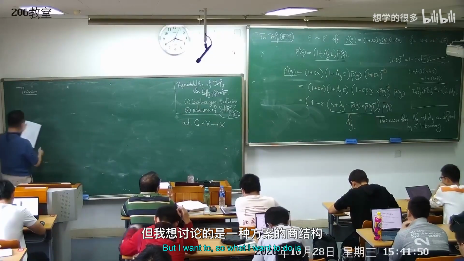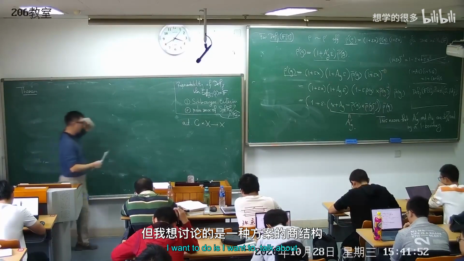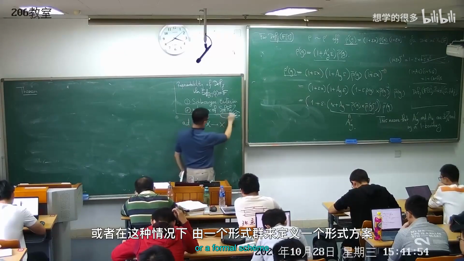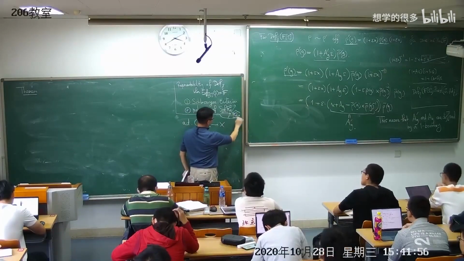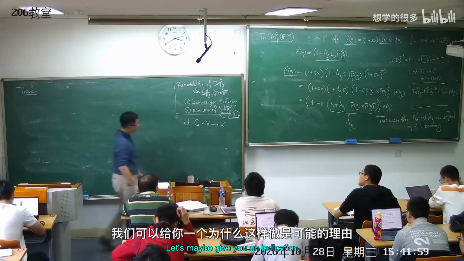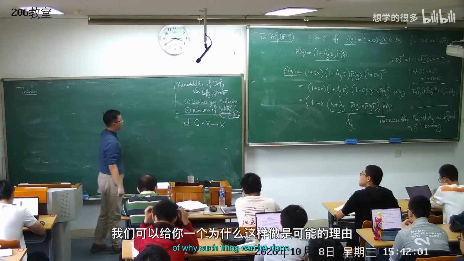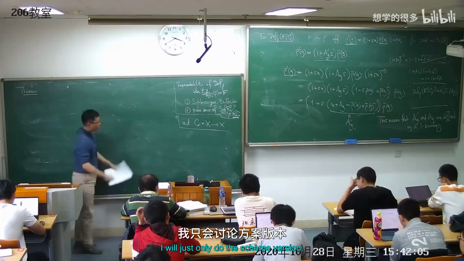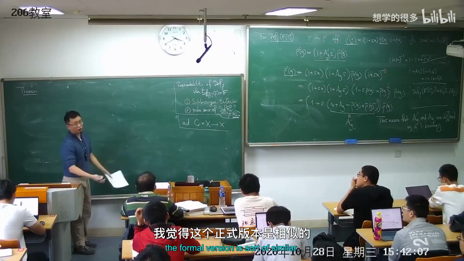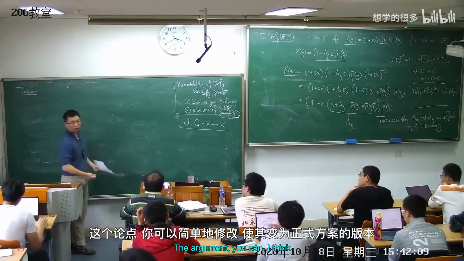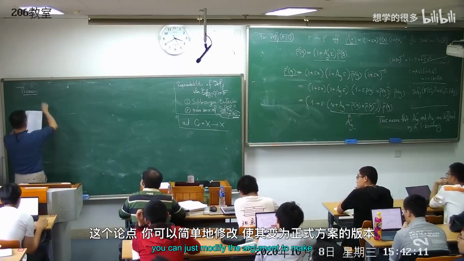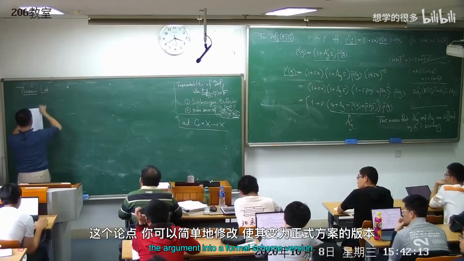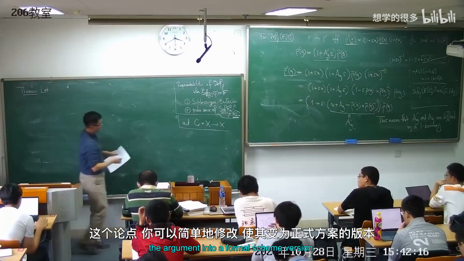So what I want to do is talk about a quotient of a scheme, or a formal scheme in this case, by a formal group. Let me give you an indication of why such a thing can be done. I will not do the formal version, I will only do the scheme version. I think the formal version is similar; you can just modify the argument to make it into a formal scheme version.